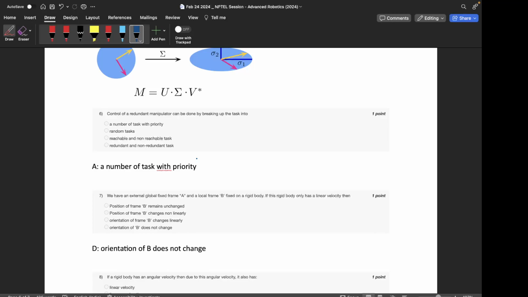Okay, so the next question is, control of a redundant manipulator can be done by breaking up the task into... So the right answer is a number of tasks with priority.